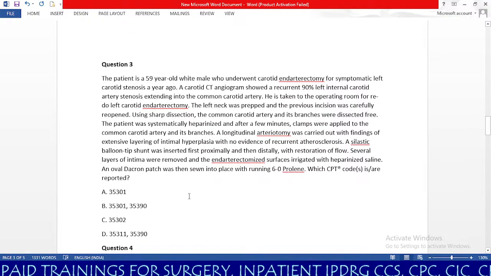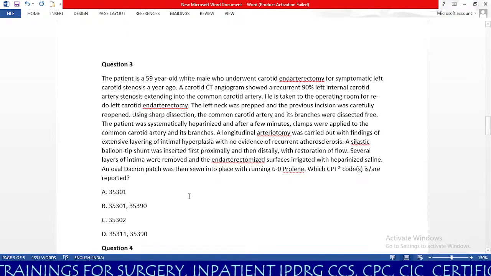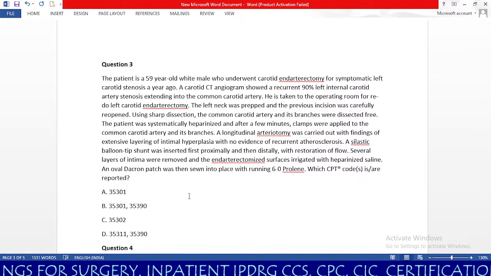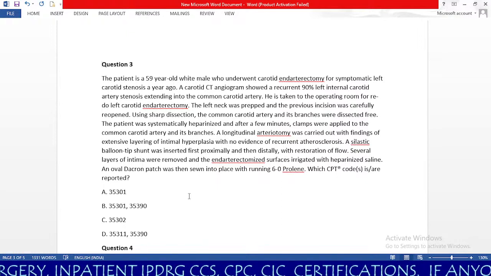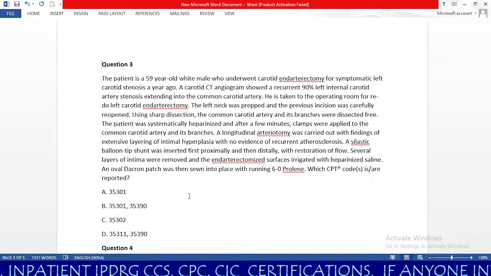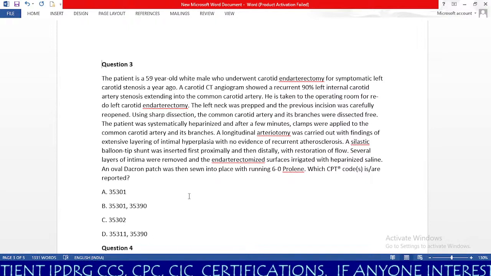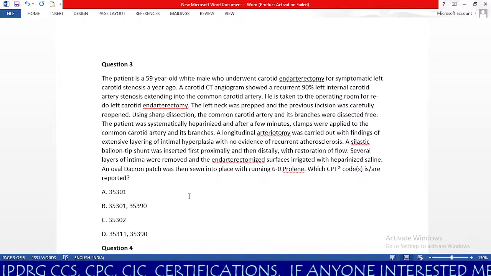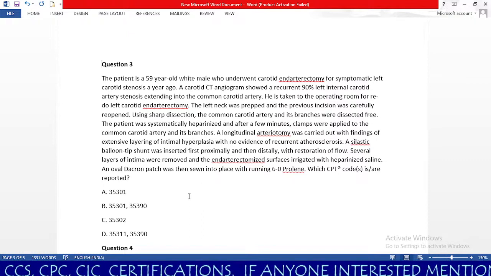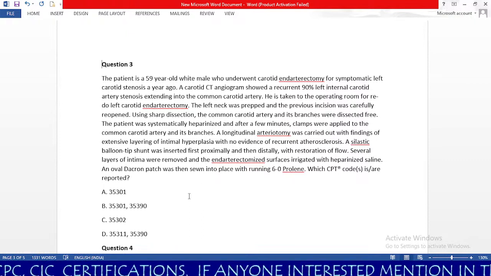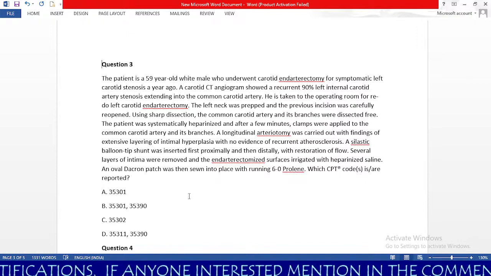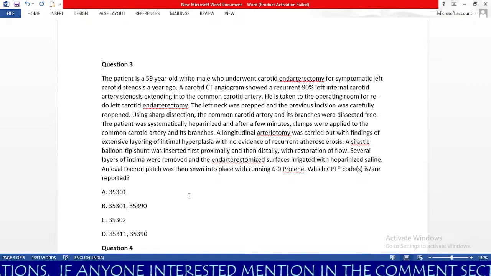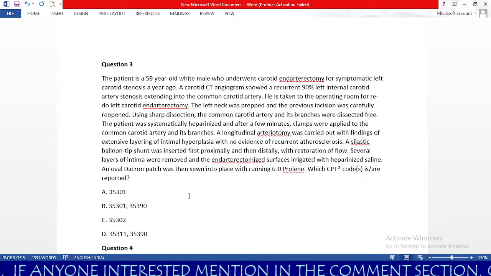So the left neck was prepped and the previous incision was carefully reopened. Using sharp dissection, the common carotid artery and its branches were dissected free. The patient was systemically heparinized and after a few minutes, clamps were applied to the common carotid artery and its branches. A longitudinal arteriotomy was carried out with findings of extensive layering of intimal hyperplasia with no evidence of current recurrent atherosclerosis.